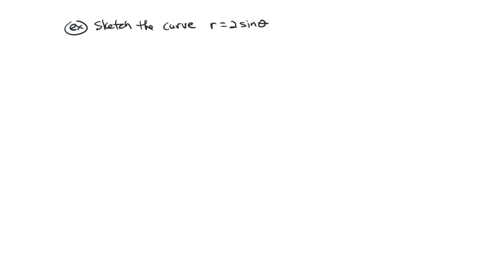So what we want to do is make a t-table for theta and then r, which is 2 times the sine of theta. Now I typically don't need this many points, but I do for this one.